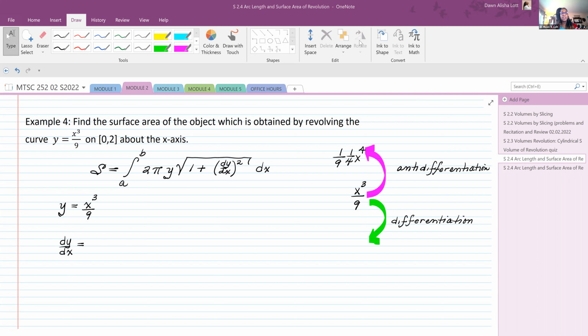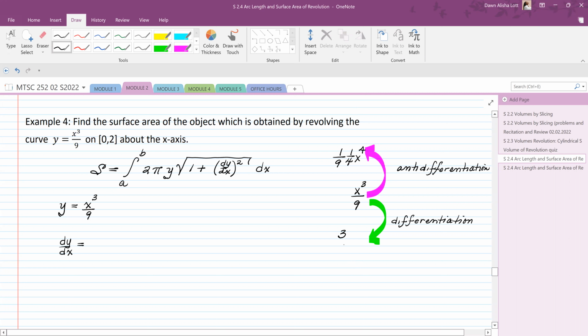Rodney typed in the chat, he's trying to help you. He said if you take the derivative, the 3 comes down and then you get x to the 3 minus 1. So you end up with x squared over 3.